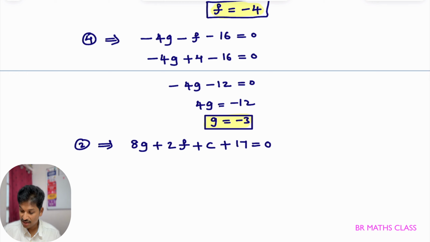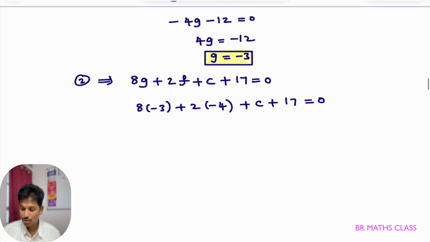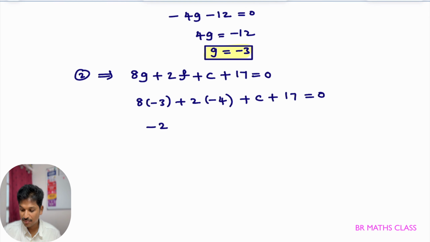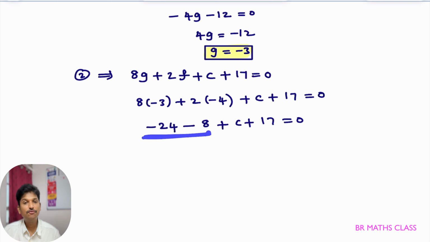So what you will get, 8 into G value, which is minus 3, plus 2 into F value, which is minus 4, plus C plus 17 equal to 0. Okay. 8 3s are minus 24, minus 4 2s are minus 8, plus C plus 17 equal to 0. If I simplify this, minus 24 minus 8 is minus 32, plus 17.